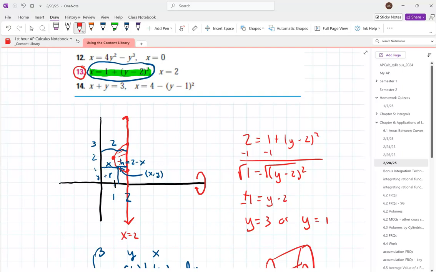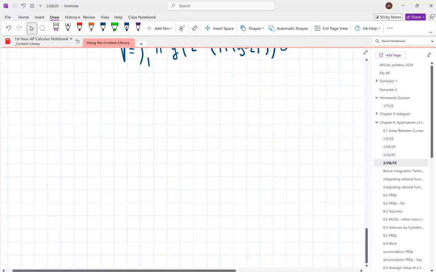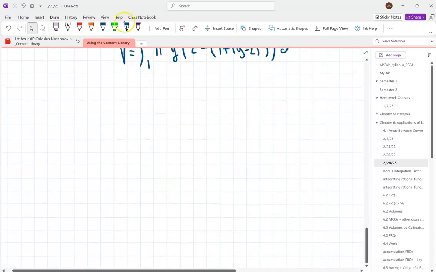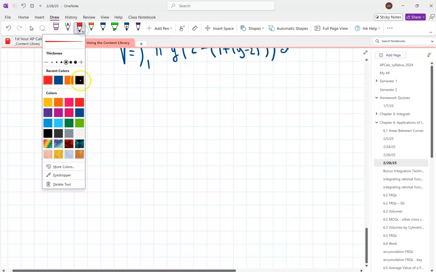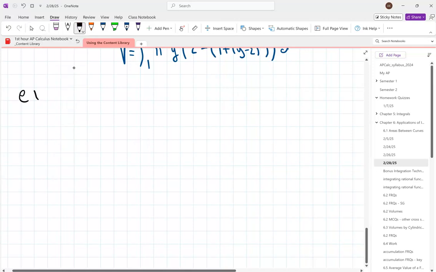Go over the 3 techniques, just like one problem. For the rational function stuff? Or the shell disk? The bonus. Yeah, sure thing. All right, so I'm going to just write up 3 examples here.